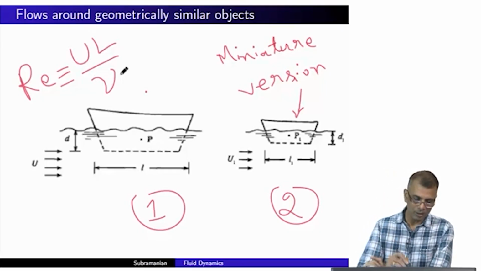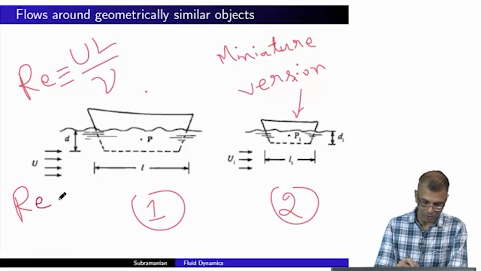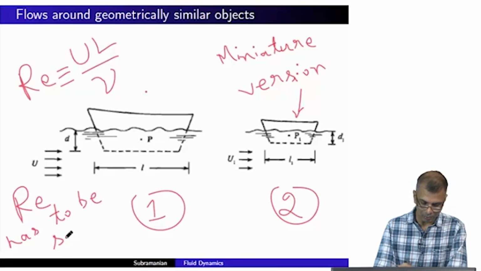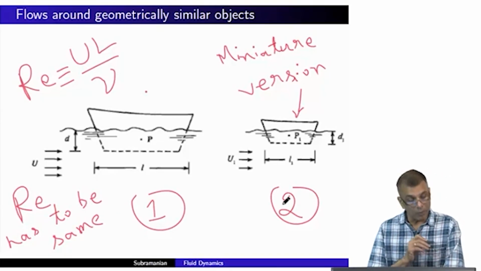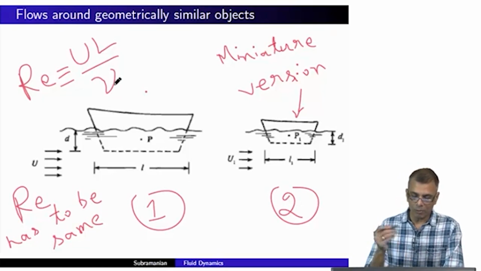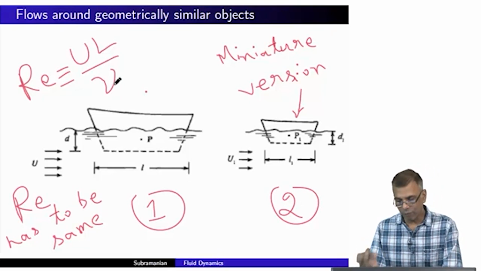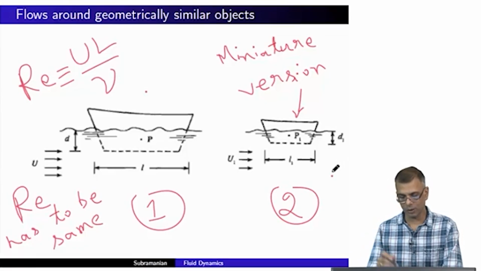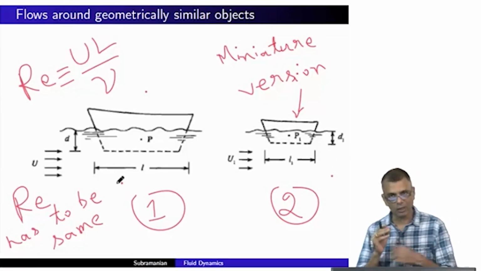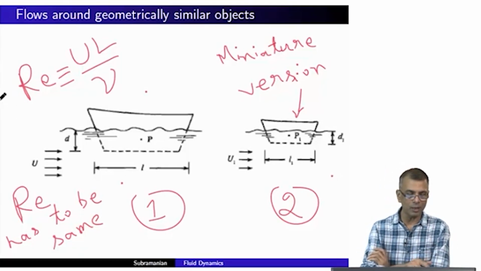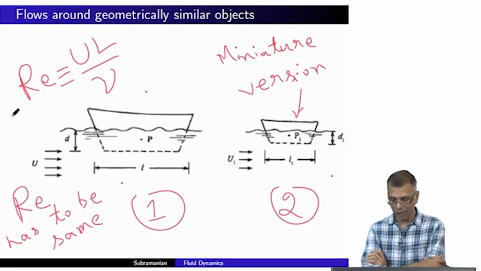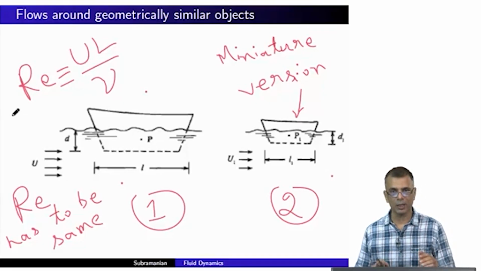So the Re has to be the same in situation 2 and situation 1. But that means that I have to perform my experiment with a different fluid in this situation as opposed to this situation. I have to think carefully about exactly what that fluid should be. Only then I am guaranteed that the Re will be the same. Okay, so with that we will end this segment. Thank you.